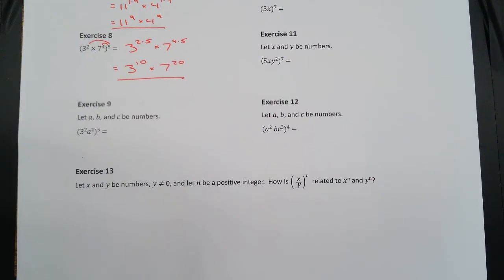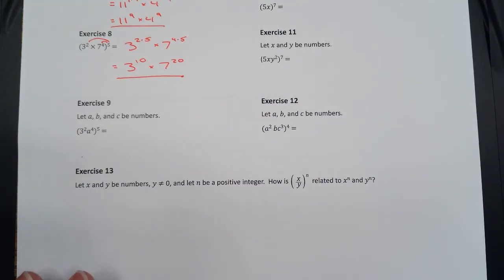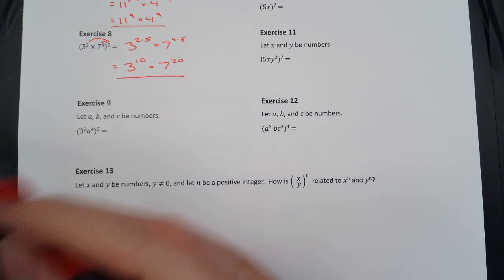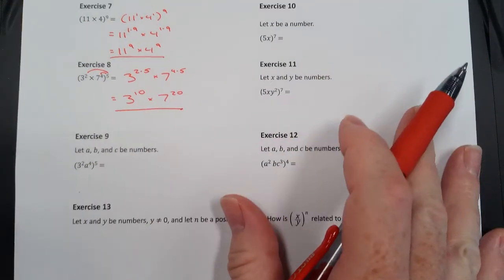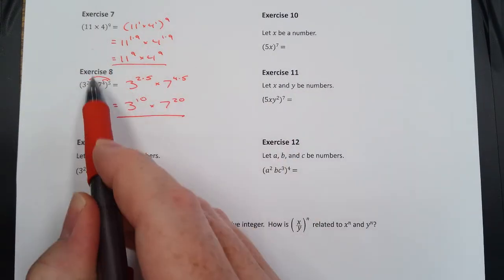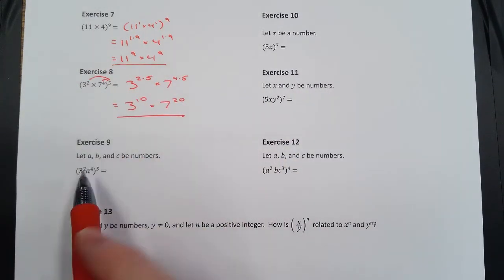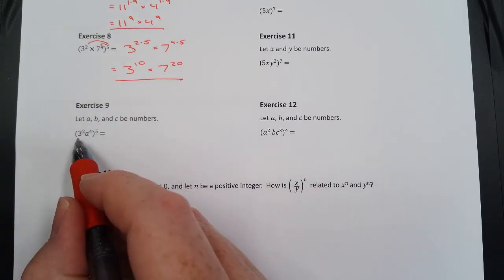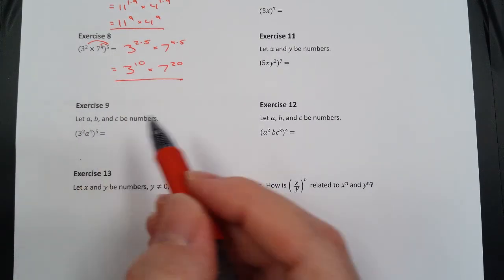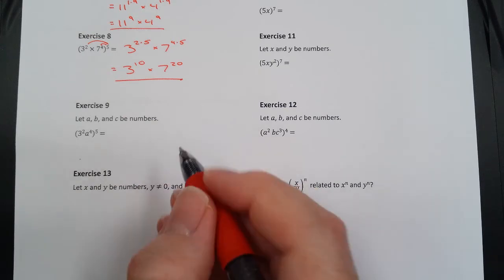I also wanted you to do exercise 9. Now, if you notice the difference between exercises 7, 8, and 9: multiplication sign, multiplication sign, no multiplication sign. But you should know that a number next to a variable means multiply.